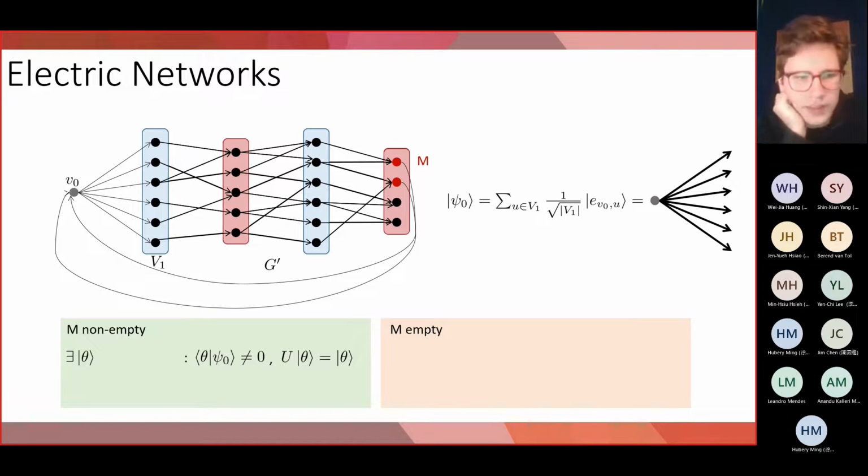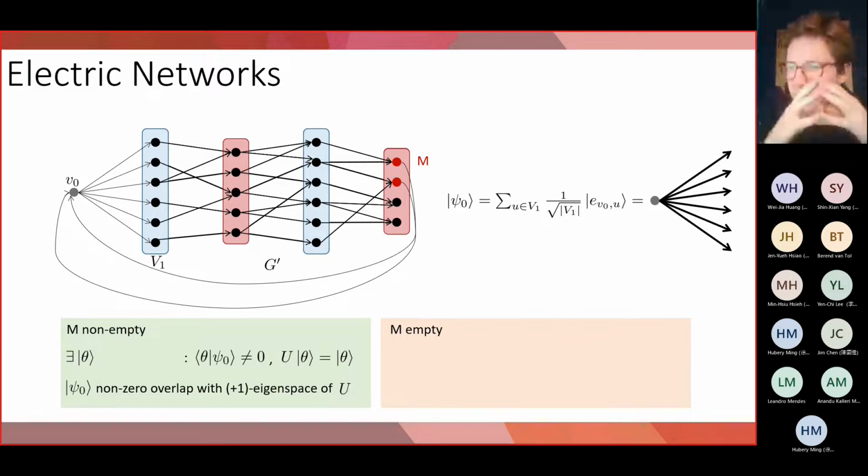And we want this theta to have a non-zero overlap with our initial state, but it has to be in the +1 eigenspace of some unitary U that we have not defined yet. And we'll do that shortly. So in words, we have that psi0 needs to have non-zero overlap with theta, which is in the +1 eigenspace of U.